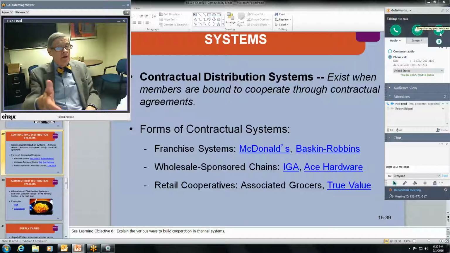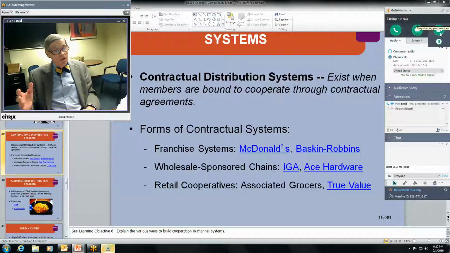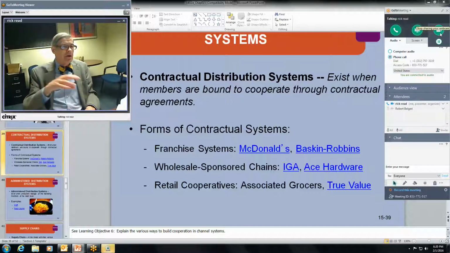Wholesale sponsored chains, Independent Grocers Association, and then Ace Hardware, and then retail cooperatives, Associated Grocers, and True Value Hardware. So a little bit different here. Wholesale sponsored chains, Ace Hardware, I want to point out the 2 to you, and retail cooperatives, True Value.